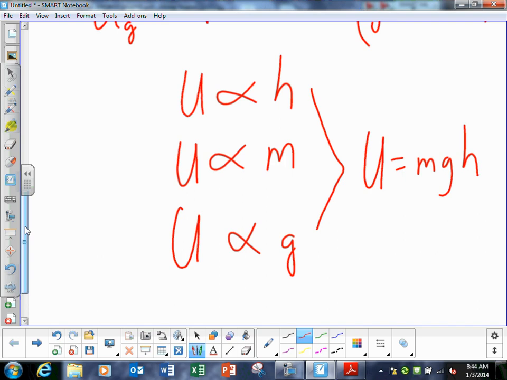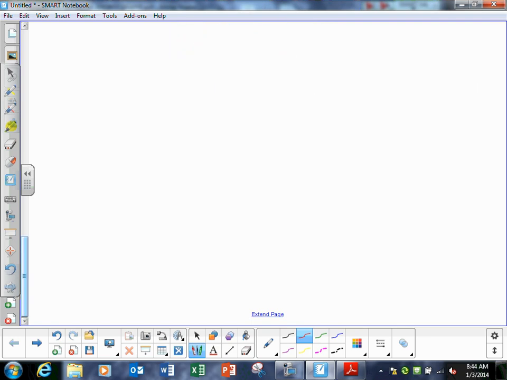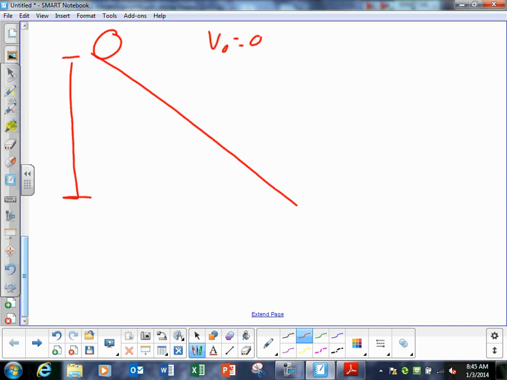Okay, now, I'm going to explain one more thing here for you today, just kind of simple. Let's say that I have a ramp, and I have a V sub naught equals 0. And let's say that I have a height change equal to 5 meters. Let's say that this is a 2 kilogram ball.